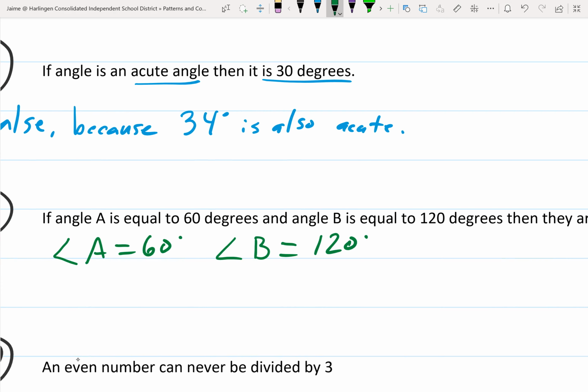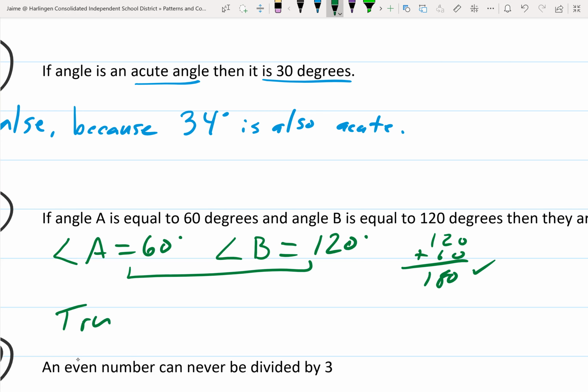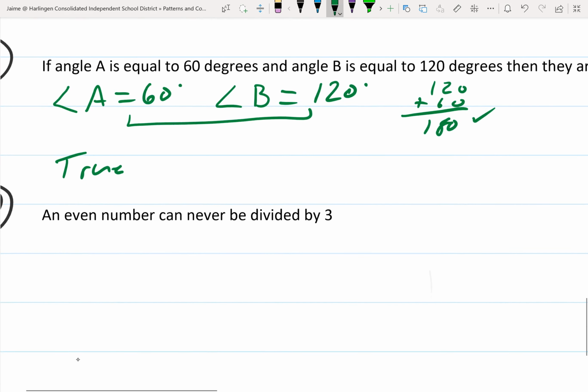So if angle A is 60 and angle B is 120, can you say that these are supplementary? Does 120 plus 60 equal 180? Yes. So this is a true statement. Now, if they were to flip it around and say supplementary angles are angles that are equal to 60 and 120, that would be false because you can make 180 degrees with any other two numbers, like 90 and 90, or 30 and 150. But it's saying that if A is 60 and B is 120, then you have 180. Yeah, that's true.